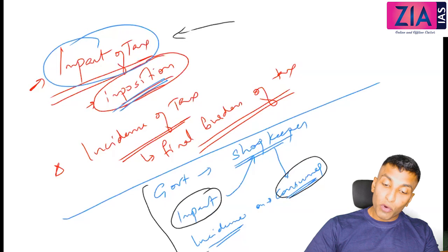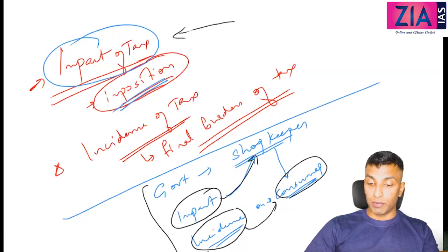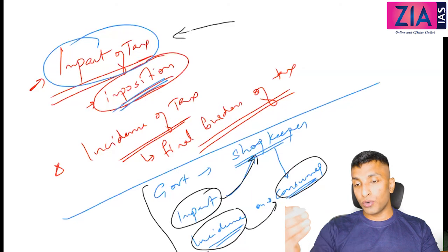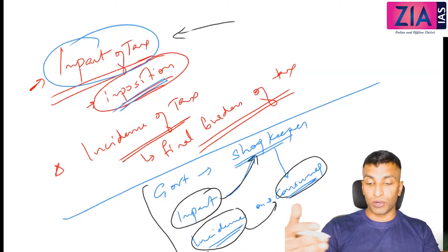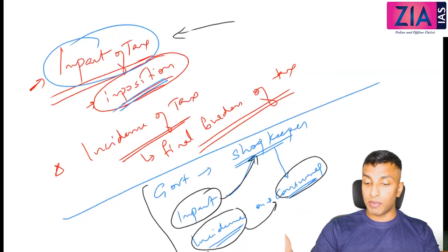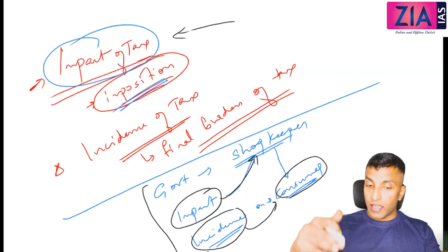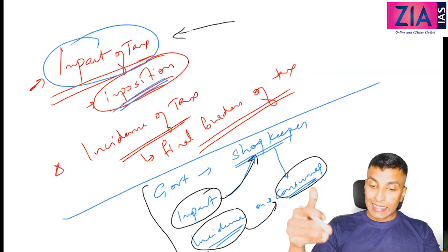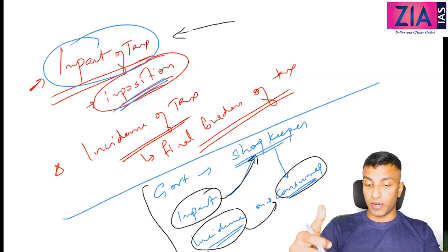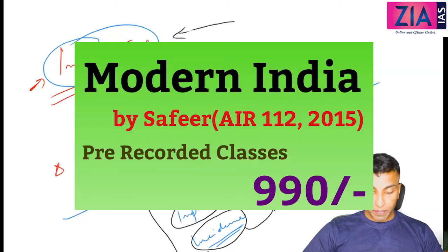Impact means upon whom it is imposed, that is the shopkeeper. Incidence is the consumer. But if I ask you who's having the maximum impact of tax, it is the consumer. But that word meaning you don't take here. That makes you confused. That's why I'm giving this example here. Impact of tax means upon whom it is imposed. Incidence means who's taking the final burden. So I hope this example will make it clear. Okay.